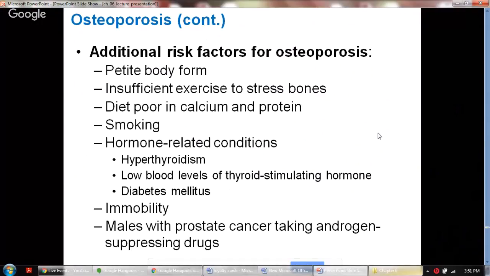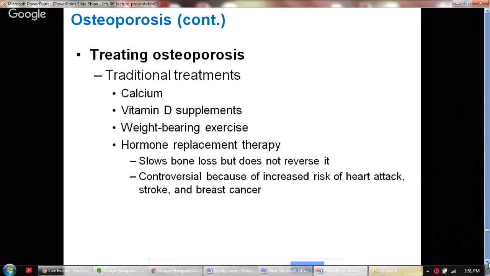In addition, petite body, insufficient exercise to stress bones, diet poor in calcium, protein, smoking, hormone related conditions, immobility, and as I mentioned before, males with prostate cancer, which takes androgen suppressing drugs, leads to development of osteoporosis.